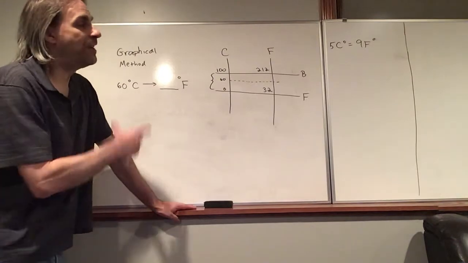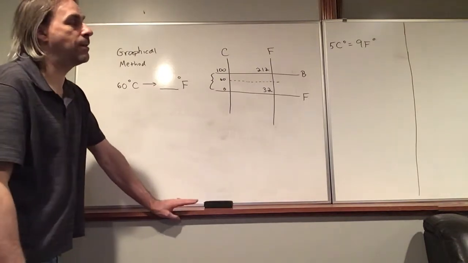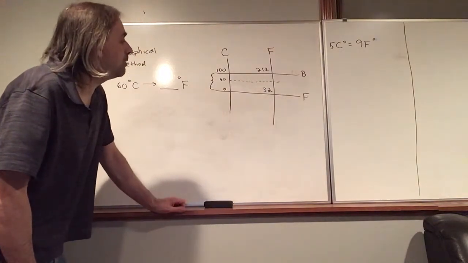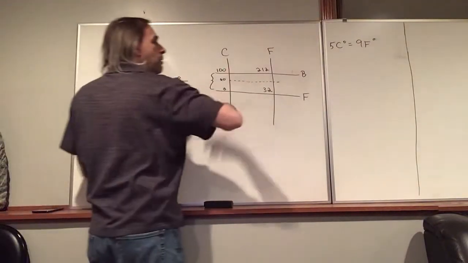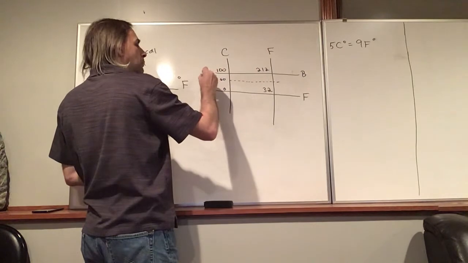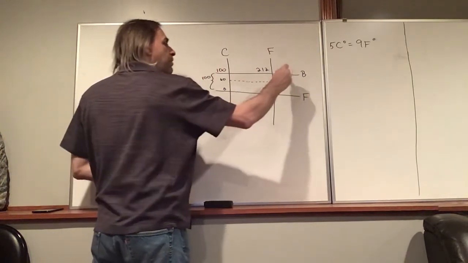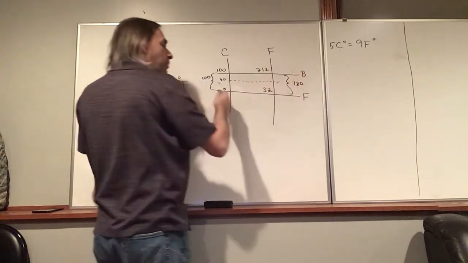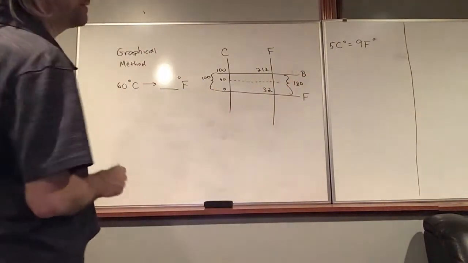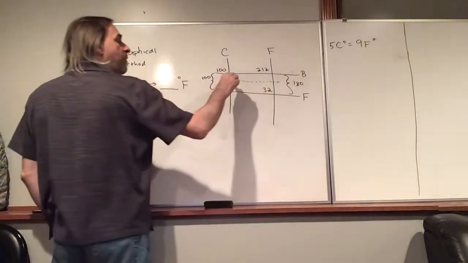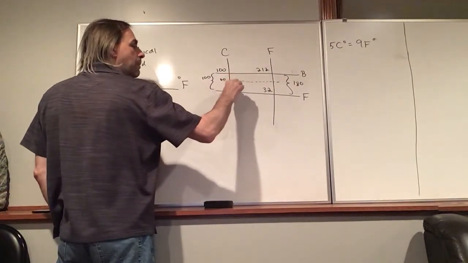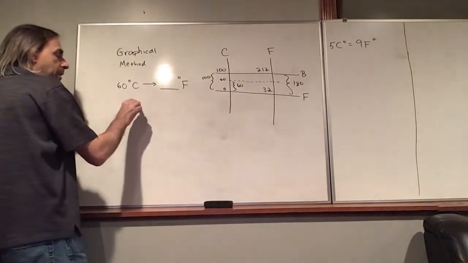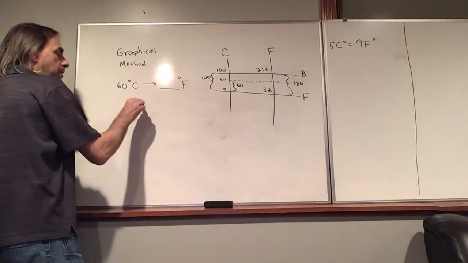Okay, so we have this conversion factor when we're talking about changes on these scales. Again, this change was 100 on this scale and 180 on that one, and so we get this conversion factor. Now if we just look at this from 0 to 60, obviously that's a change of 60 Celsius degrees.